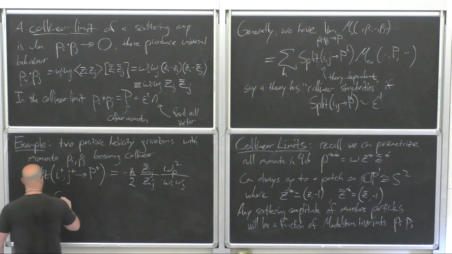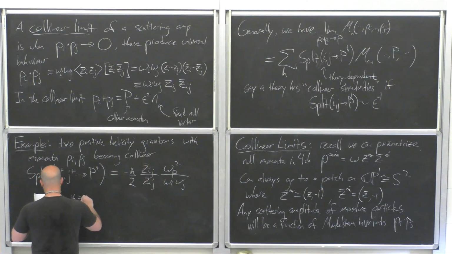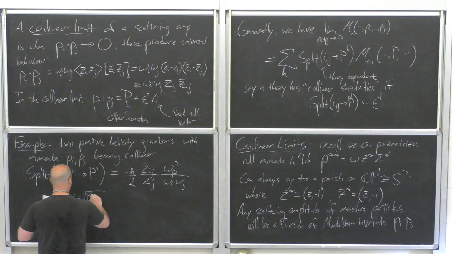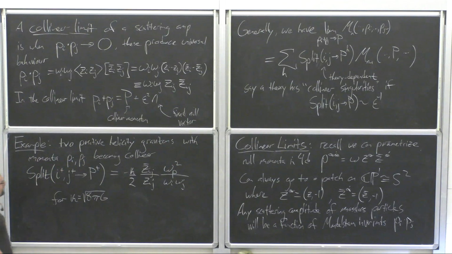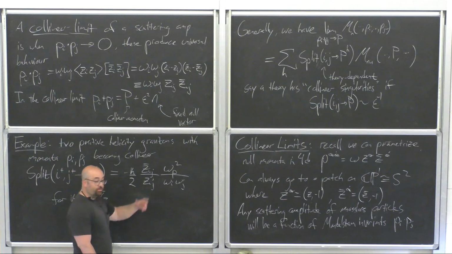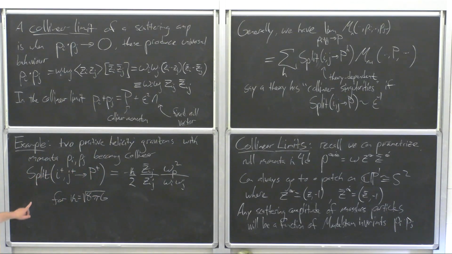So here κ is the gravitational coupling constant. This is just a computation that one can do. It turns out that this is one of the examples of these protected collinear splitting functions. The tree level answer is exact.